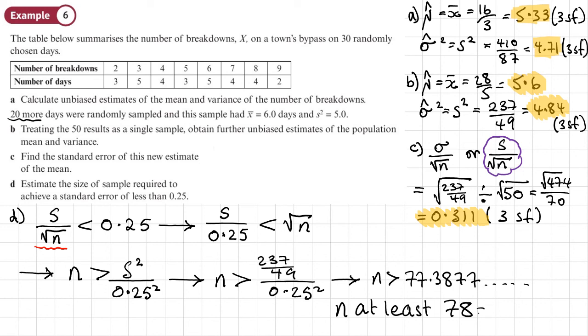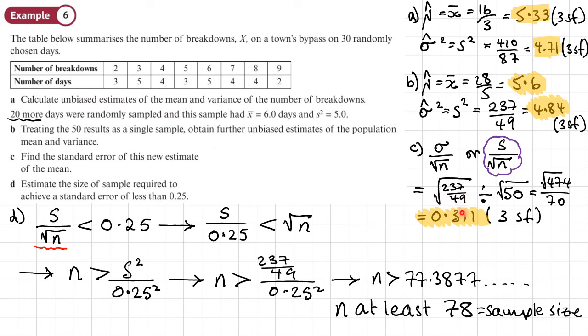So 78 is basically our sample size. If we took a sample size of at least 78 or greater, then we're going to get a standard error less than 0.25, which compares to a standard error of 0.311 when we took a sample size of 50.